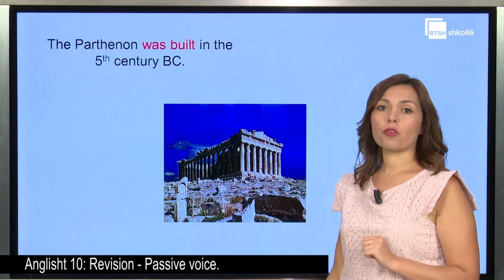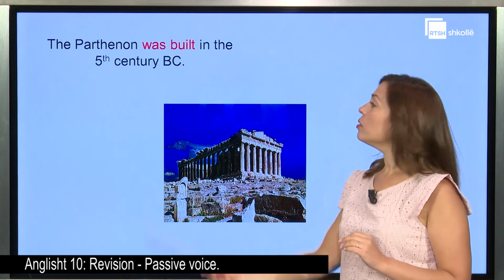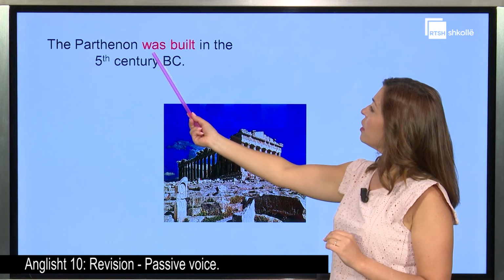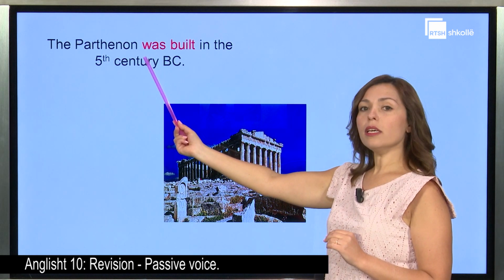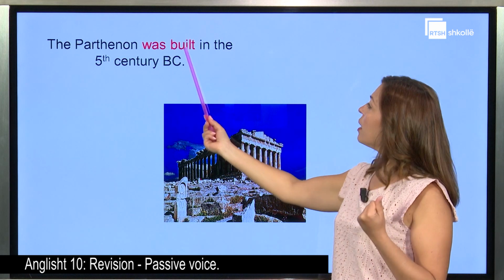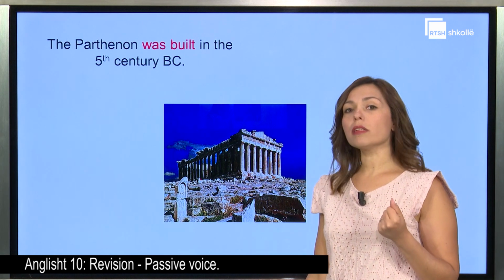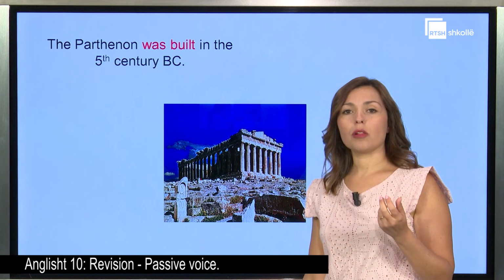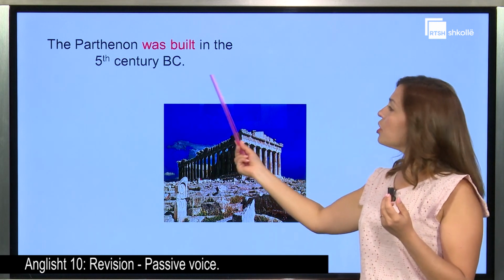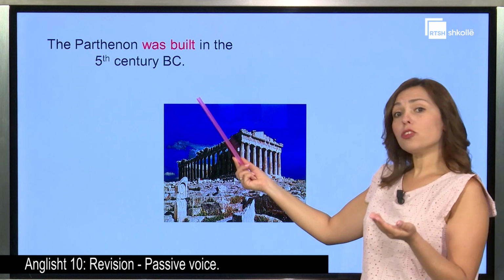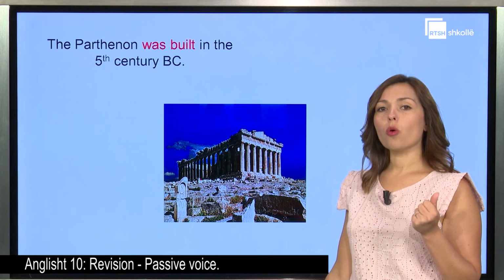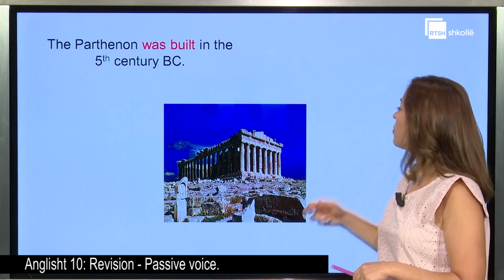The passive, of course. As you recognize, it is the verb to be in the past and the past participle. It was built. Ask yourselves, do we know by whom? Is it mentioned by whom? No, there is a reason why.